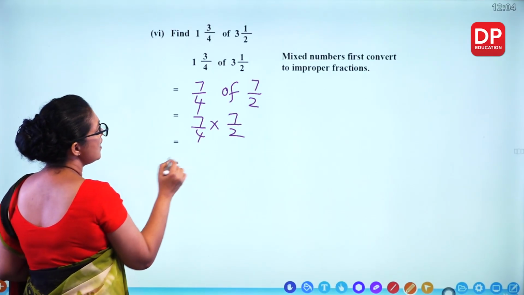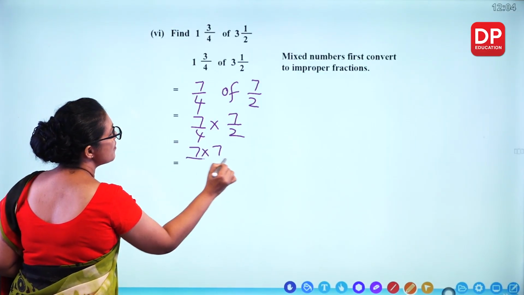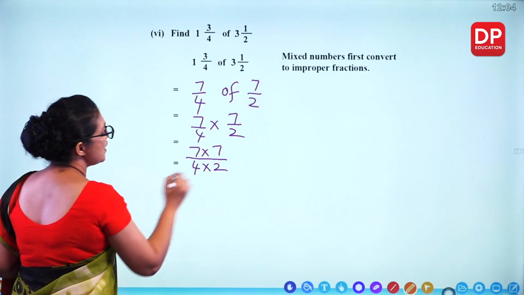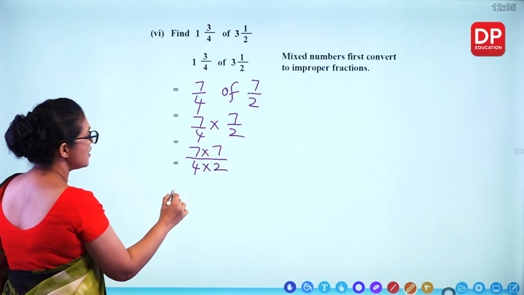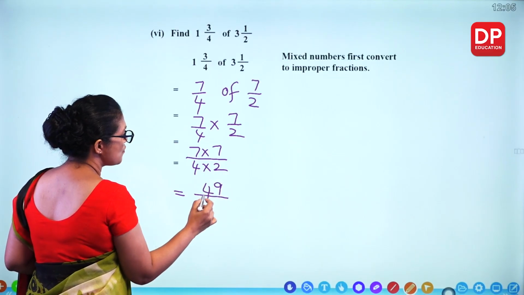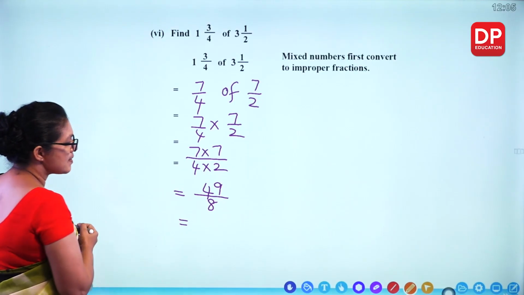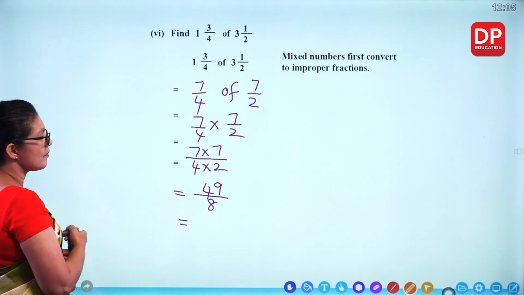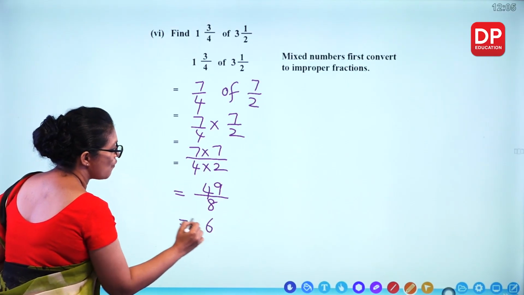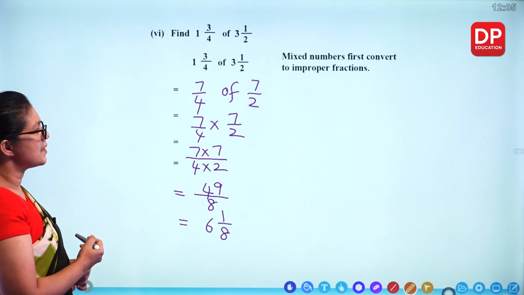Before simplifying, multiply separately the numerator and the denominator. You can't simplify further. 7 times 7, 49. 4 times 2, 8. Convert to a mixed number. 8 times 6, 48. 1 remaining. 6 and 1 out of 8.